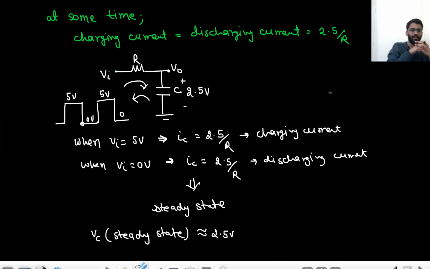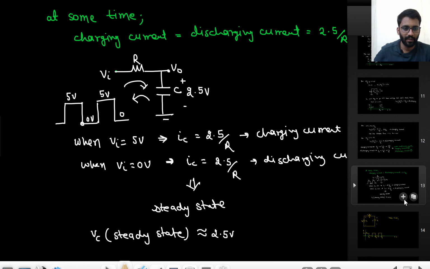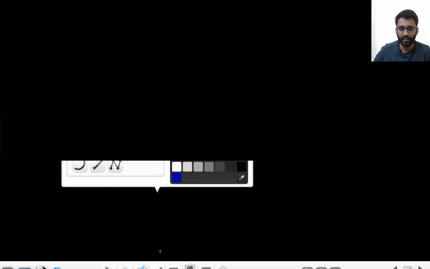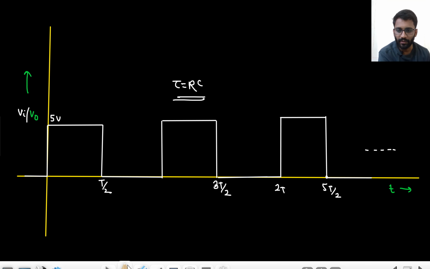Are you getting my point or not? I hope you have understood. Let's make the waveform now. So this will be our final waveform. What I will do, I will just copy. So this is our input. So how will the output look like?